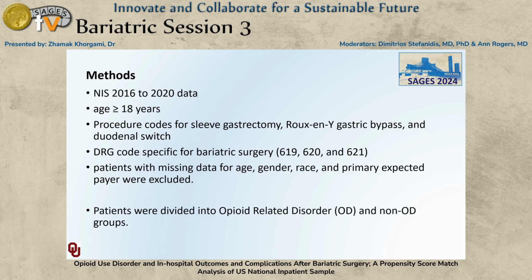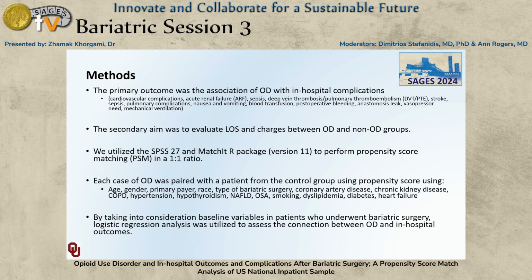We used data from 2016 to 2020 on adult patients, and included the sleeve, bypass, and duodenal switch codes as ICD-10 procedure codes. We also included DRG codes to make sure those are all bariatric. Records with missing demographic data were excluded, and we divided our patients into opioid disorder versus not.